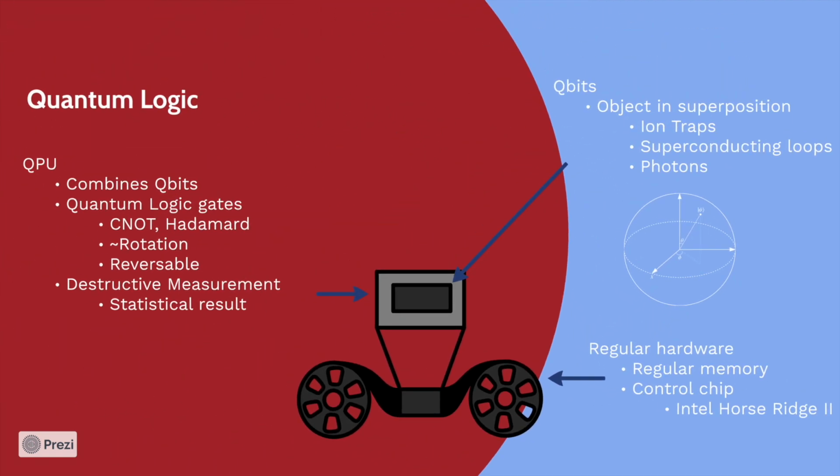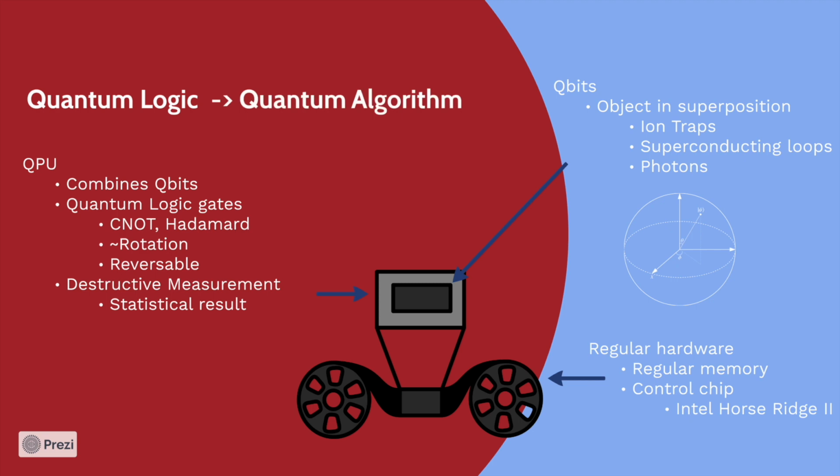To summarize, a quantum computer is a computer where the state memory consists of qubits that are in a superposition of 0 and 1 and could, for example, be implemented using ion traps. The qubits are combined using quantum logic gates, which creates a unique instruction set for quantum processors that is distinct from any that can be used for regular computers. An algorithm that is based on quantum logic is called a quantum algorithm.